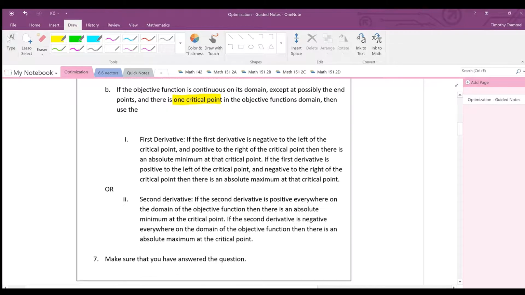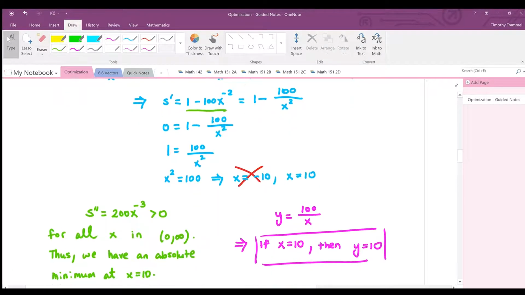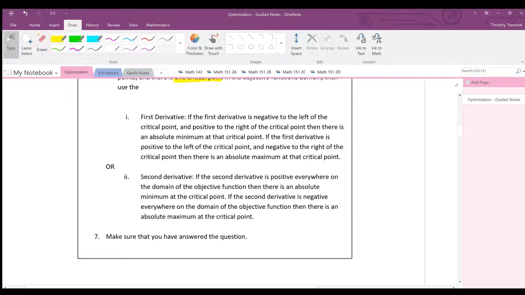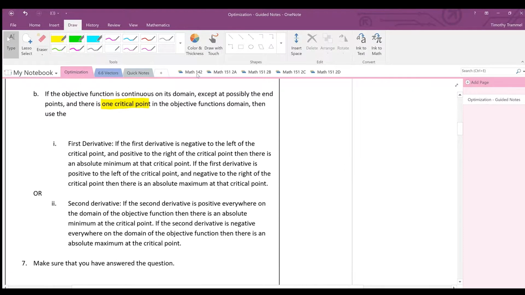Just like we actually had happen down here, right? We were able to say that, hey, the only critical point was x equals 10. And when this happens, if you only have one critical point, then if you can show that, let's say we're talking about a maximum here, by the way. So say some max.